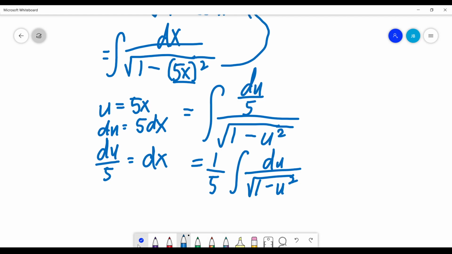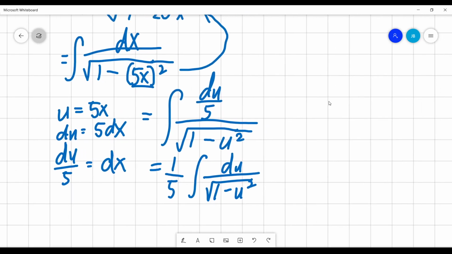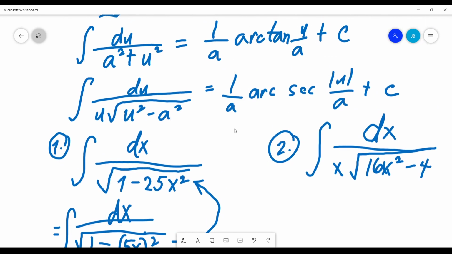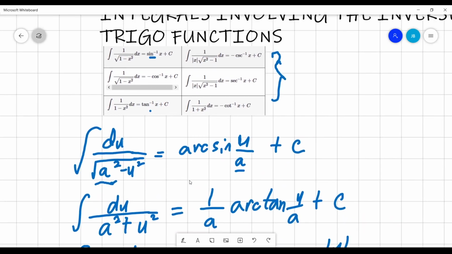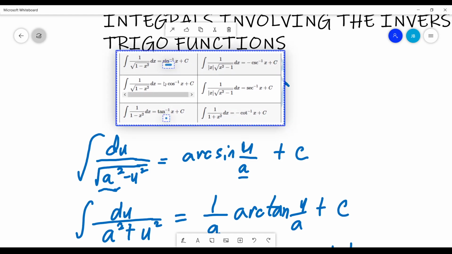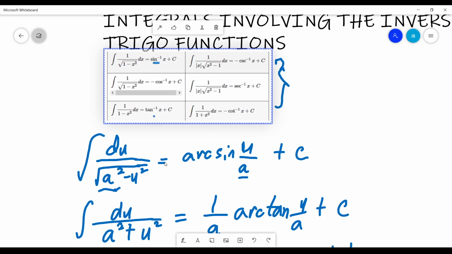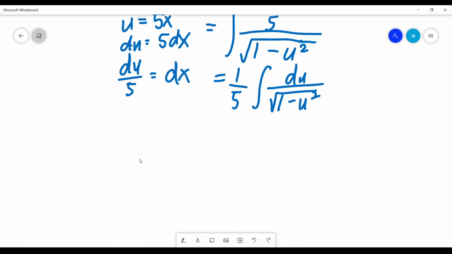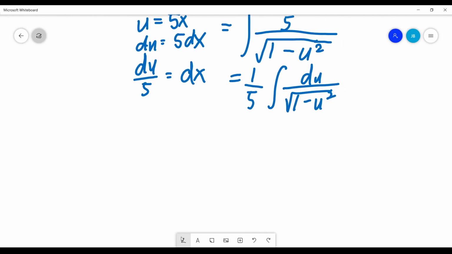Let's go back to the formulas involving inverse trigonometric function integrations. Remember, that's du over square root of 1 minus u squared. Notice that that is arc sine, right? So the integral of du over square root of 1 minus u squared is equivalent to arc sine.